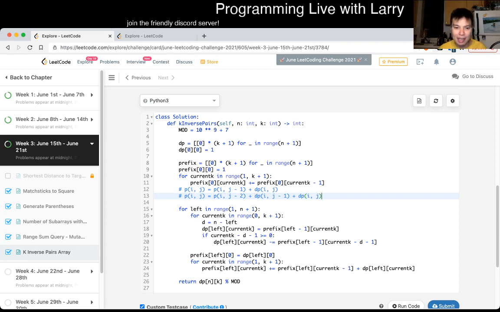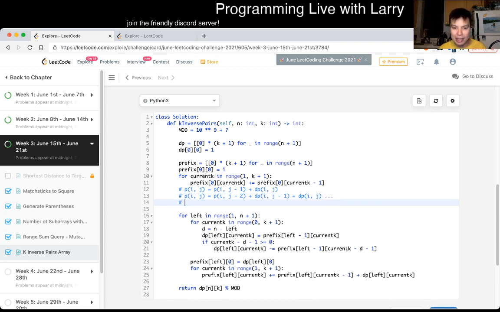And dot dot dot. So P of i j is just equal to dp of i 0 plus dp of i 1 plus dp of i 2 plus dot dot dot plus dp of i j. So that's basically the idea about prefix sum.